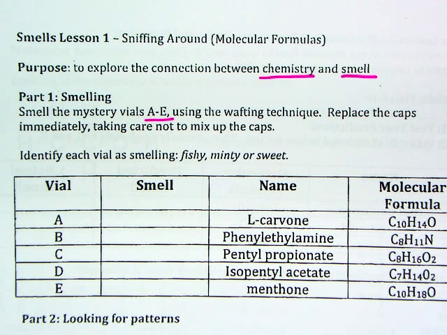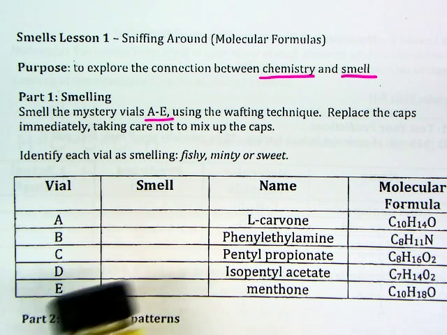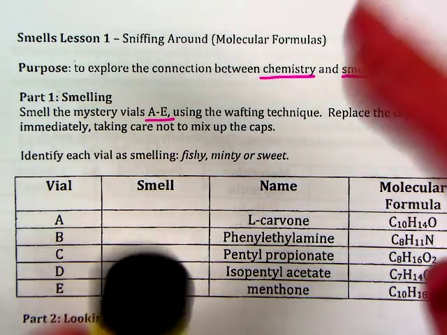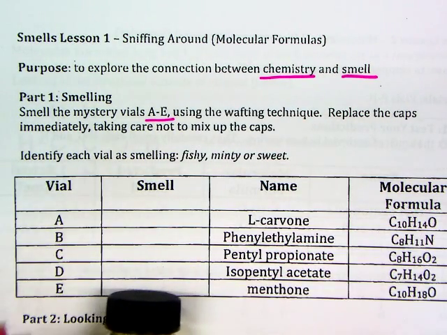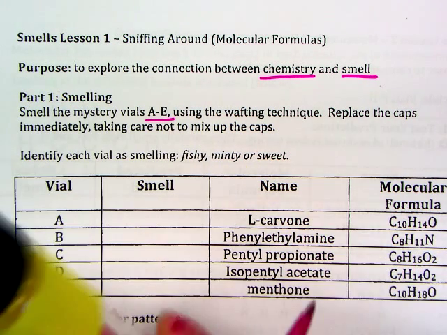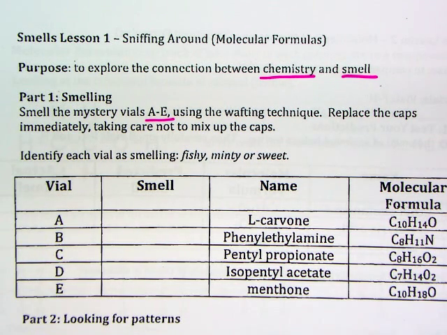Using a wafting technique, which is wafting your hand towards your nose, we are going to smell each vial, A, B, C, D, and E.